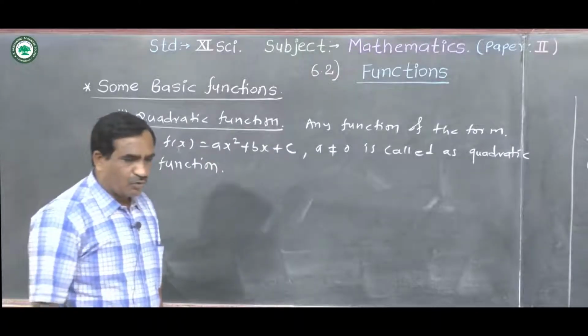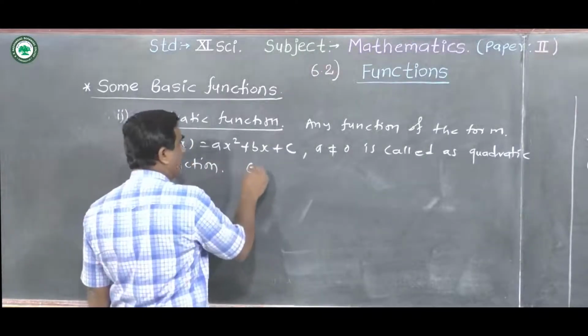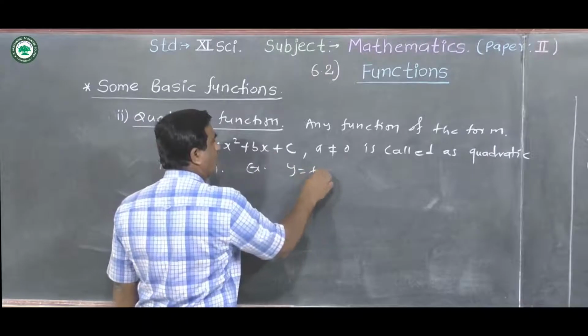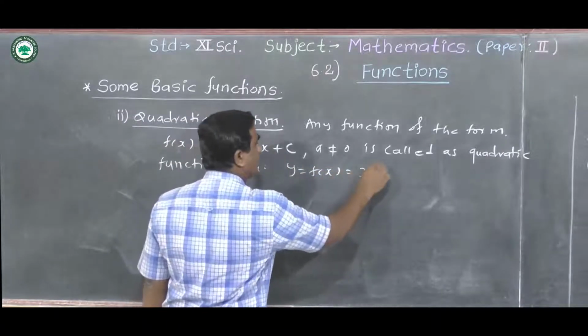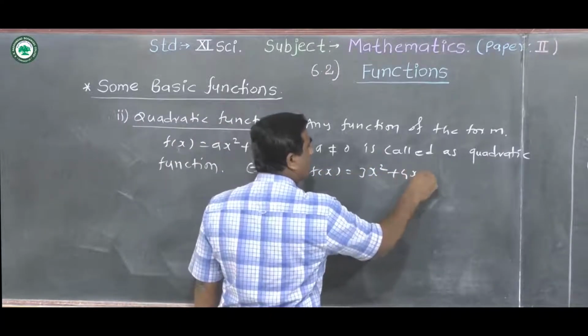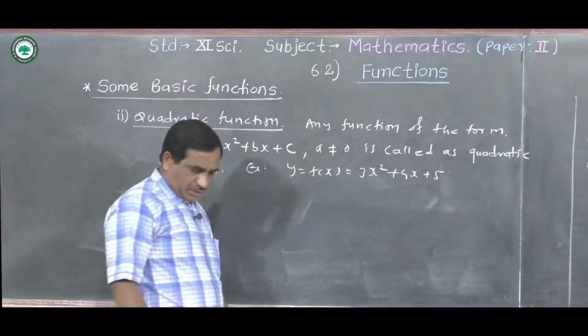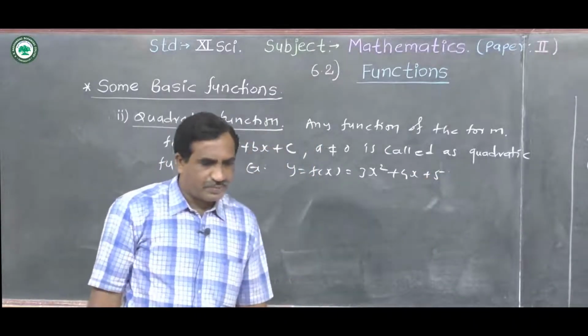Now examples for quadratic function. Example: y is equal to f of x is equal to 3x square plus 4x plus 5. This is the quadratic function. Okay.